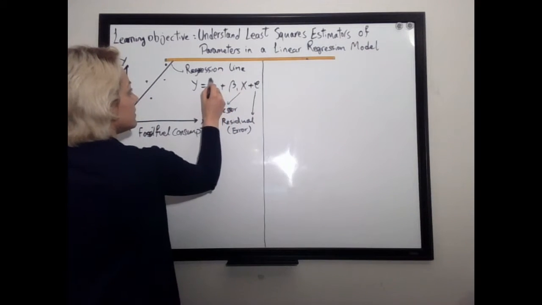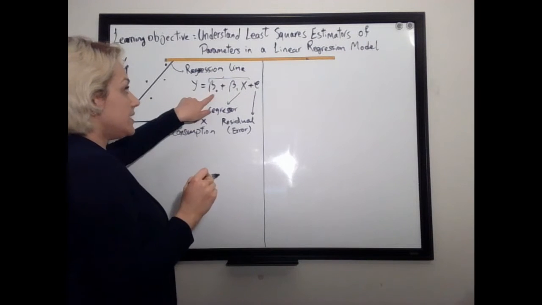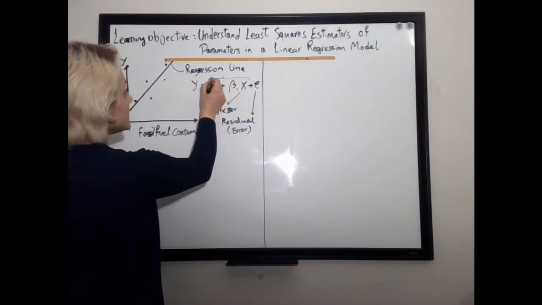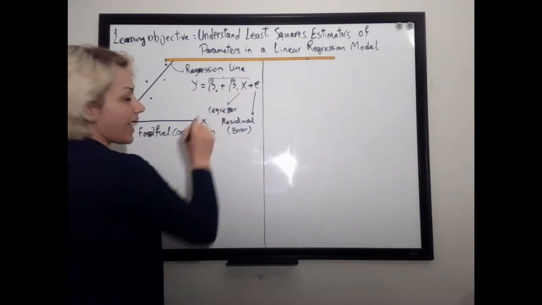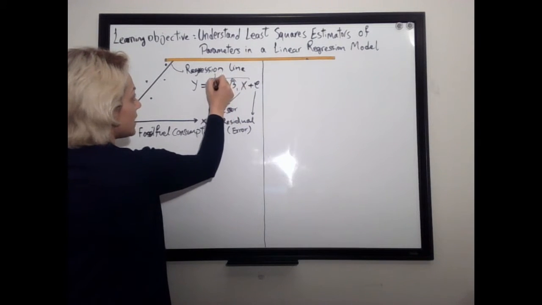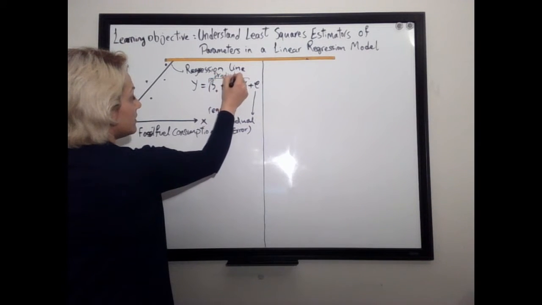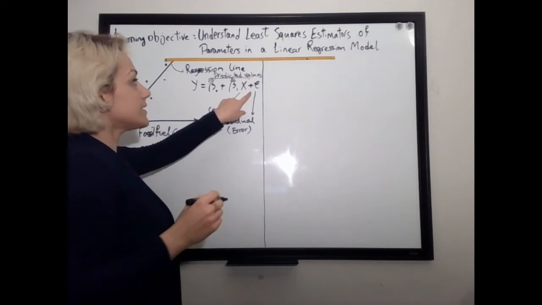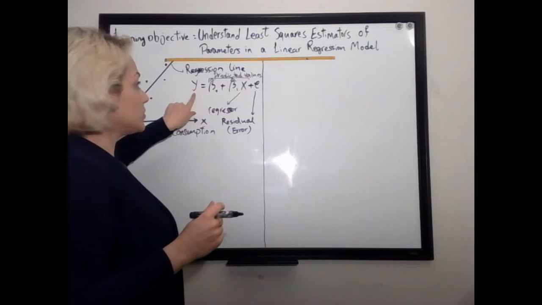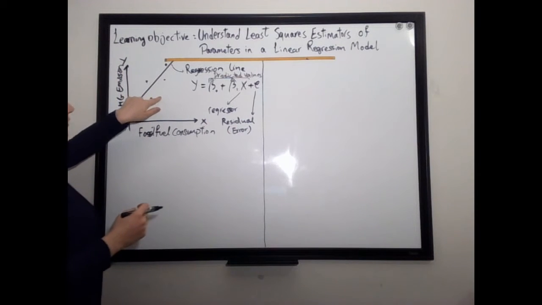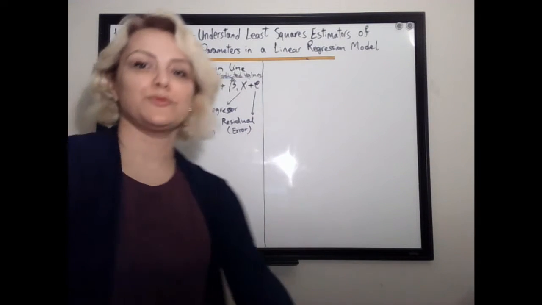If I found beta null and beta 1, if I have an estimate for it, where hat means estimate, then this amount is going to be my predicted values. So E is going to be equal to the observed value minus the predicted value. So if I want to show it here, what's going to be? Let me just move this one a little bit.